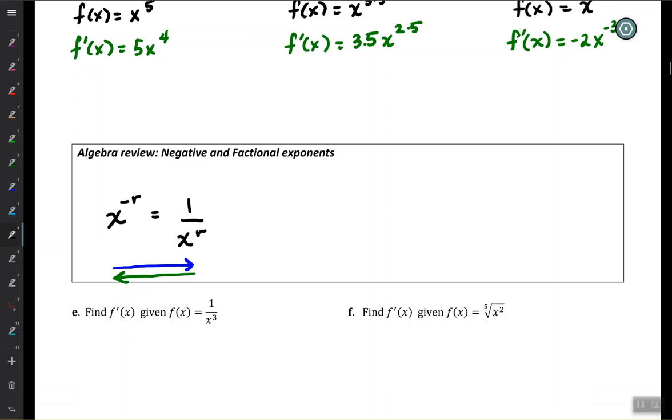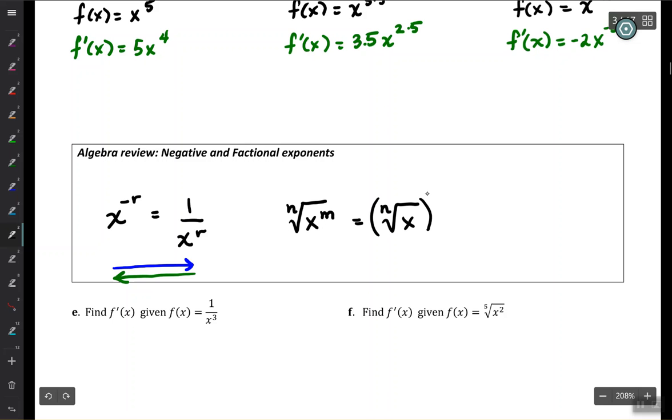Your fractional exponents: the nth root of x to the m is also the nth root of x all to the m, which is x to the m over n. The root that you are taking is the denominator.